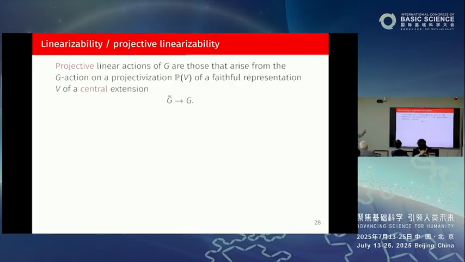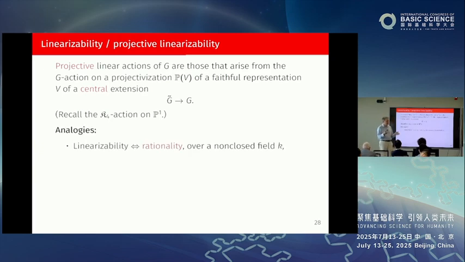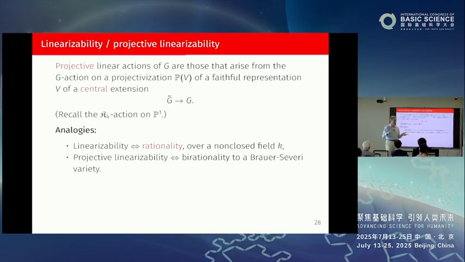Linearizability versus projective linearizability. Just the thing you asked. Projective linear actions come from projectivizing the representation of the central extension. Now, what's the analogy? Linearizability should be viewed as analogous to rationality over non-closed fields. Projective linearizability should be viewed as birationality to a Brauer-Severi variety. Now, there is a huge literature on studying which varieties are rational and so on.